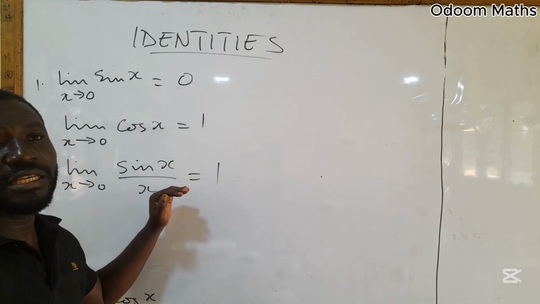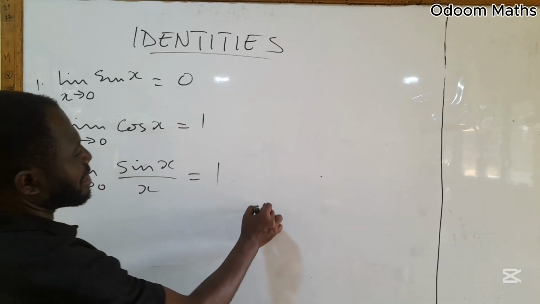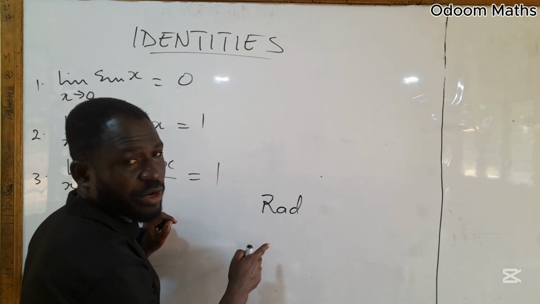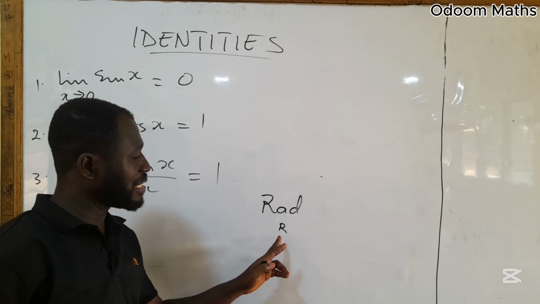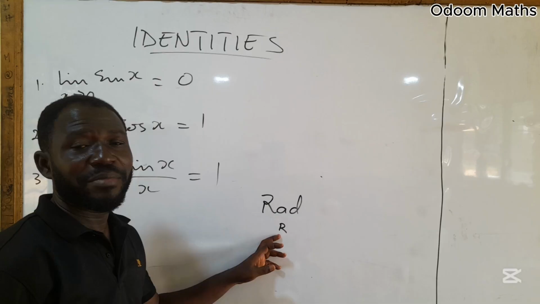Just press shift mode, then look for RAD and press that one. Then you see, at the top of the screen, a small r. When you see this, it means the calculator is in radian mode.